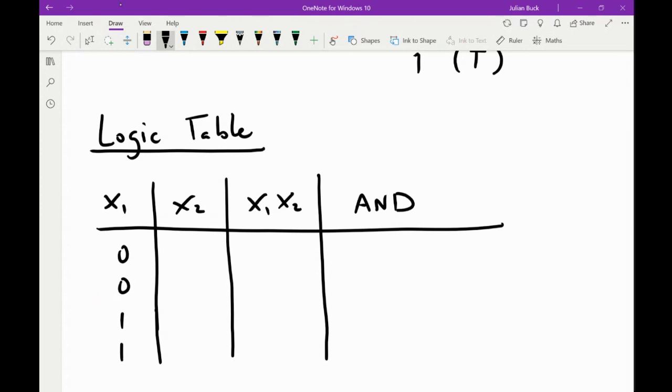If x1 is 0, x2 can be 0 or 1, and if x1 is 1, x2 can be 0 or 1. This is a standard way of writing this. So the two-part bit is either 0 0, 0 1, 1 0, or 1 1. An AND gate should output a signal of 1, true, if both of them are true, and 0 otherwise. So the AND gate takes the values 0, 0, 0, 1, corresponding to these combinations of bits.